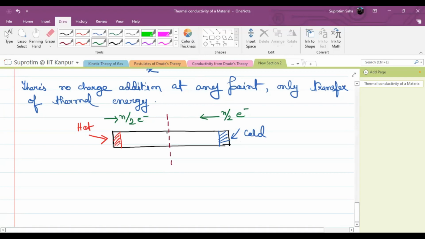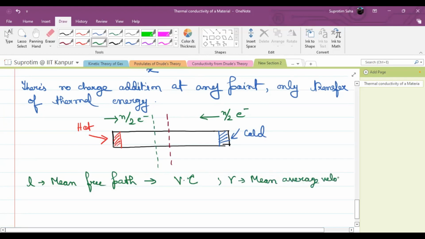So if you consider an earlier time t minus tau, where this is t, the mean free path is given by v times tau, where v is the average velocity between collisions.